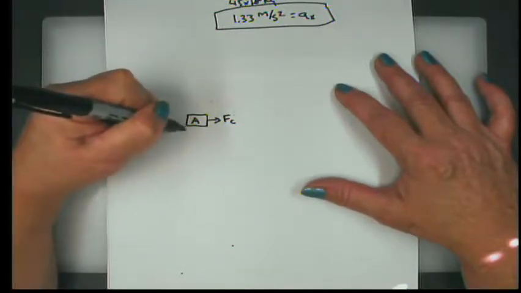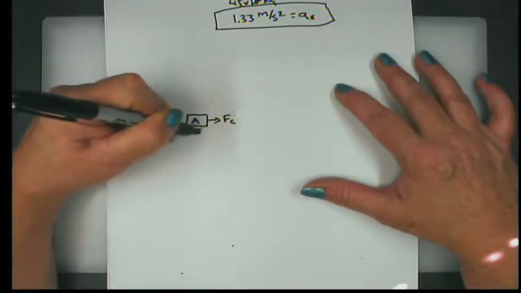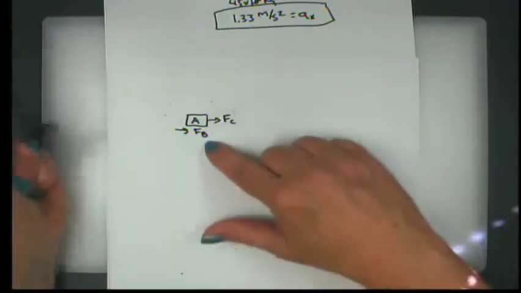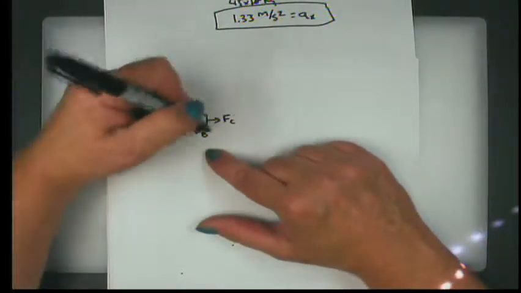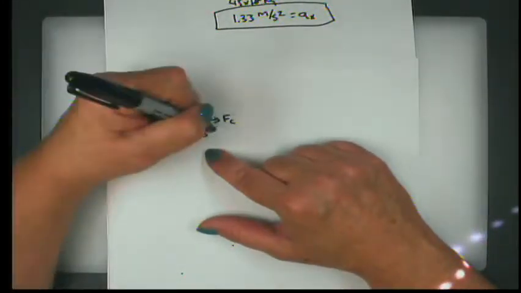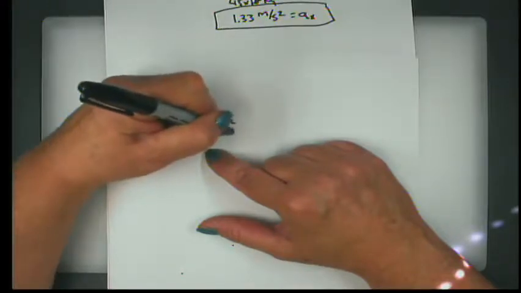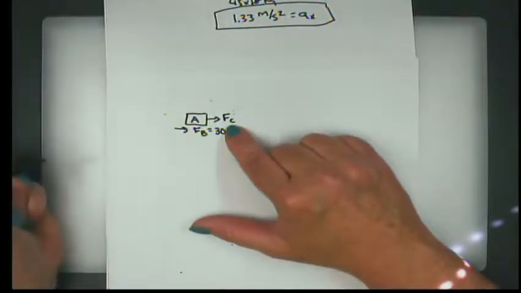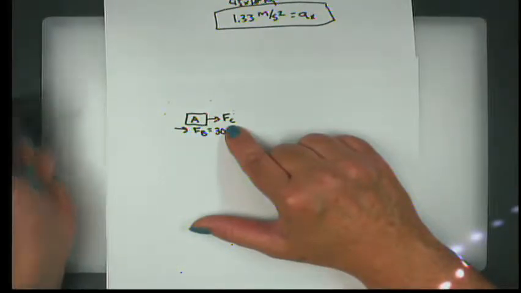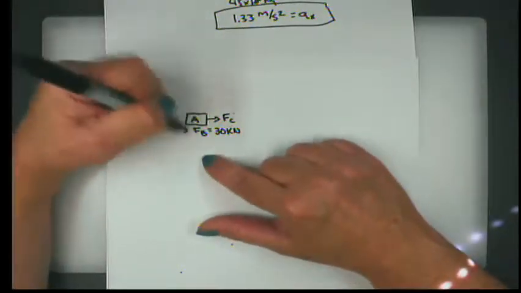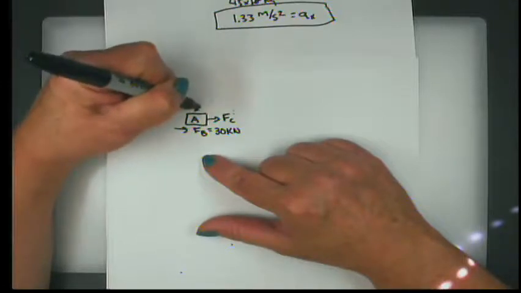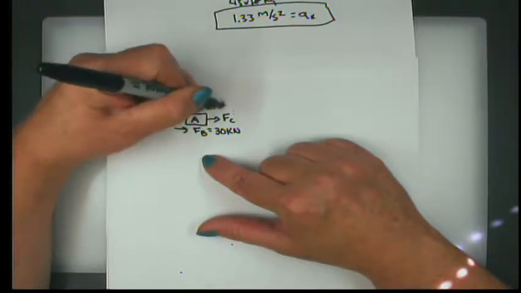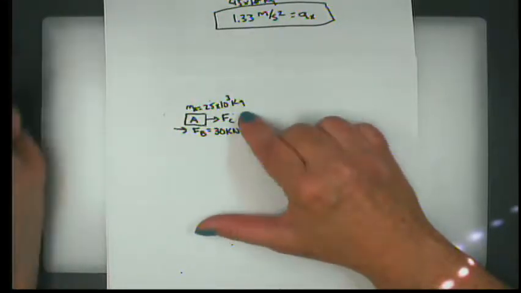And we also have the force due to the brake. But this time, if we're looking at car A, the force in the brake is just the force on one of the cars. Everything else is going to be taken up in the coupling force. And my mass of A is just the mass of that car, and I already know I would like it to be in kilograms. So 25 times 10 to the third kilograms.